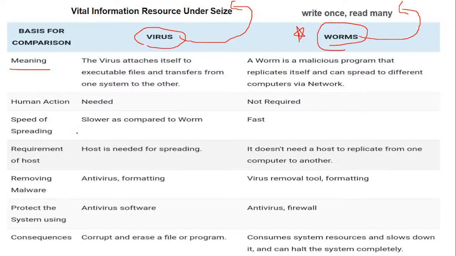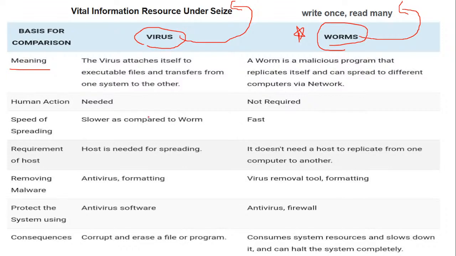Whereas a worm is a malicious program that replicates itself and spreads to different computers via a network. So you can also say that a virus requires human interface, whereas worms do not.